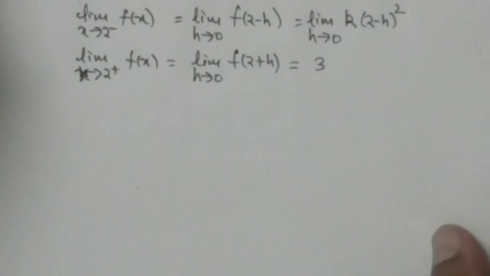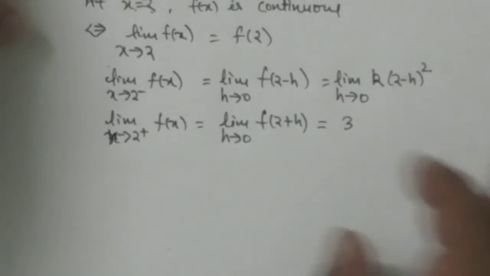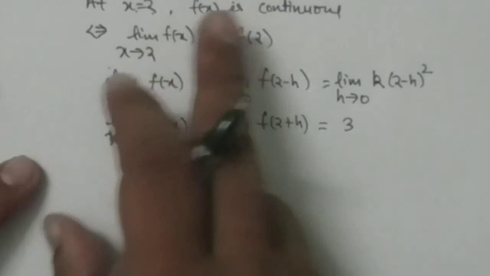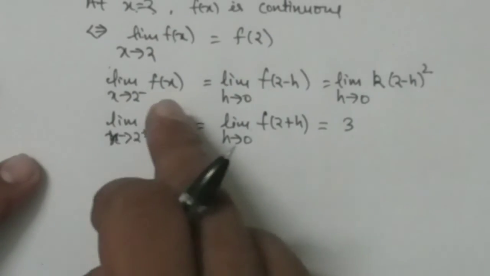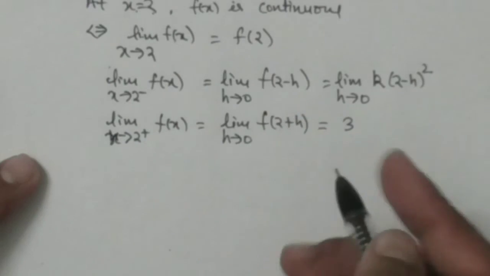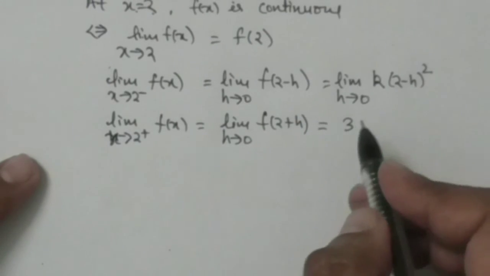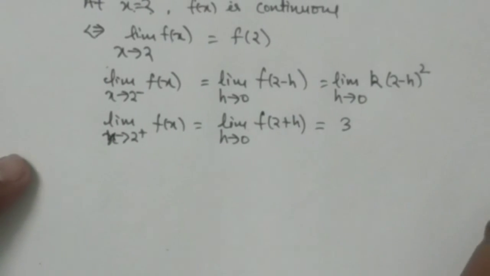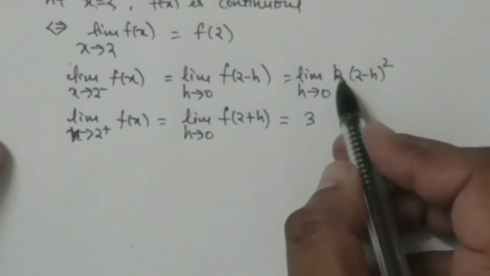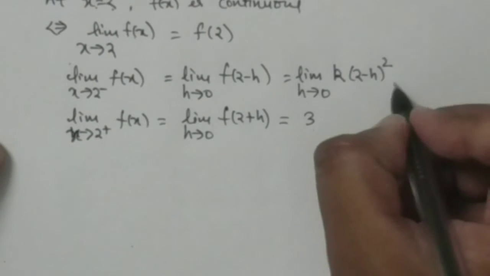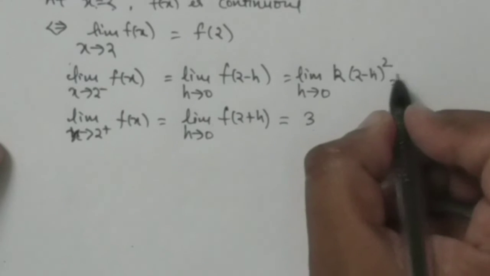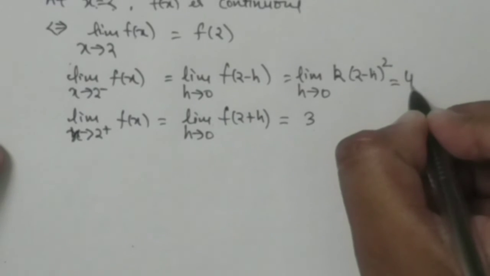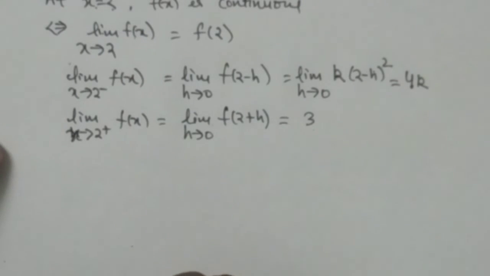Simple. So first of all, this function will be continuous at x is equal to 2 when left hand limit is equal to right hand limit, right? So this is the left hand limit. So here it is equal to 4k, right?